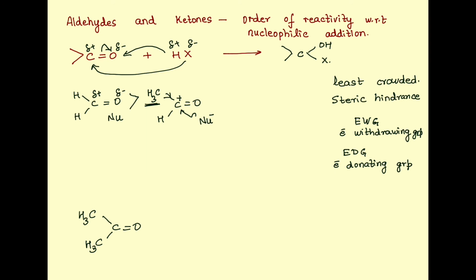Now let's talk about ketones. Ketone has got two alkyl groups which are both of them electron donating. Now because these are electron donating, what will happen? The ability of this carbon to attract a nucleophile towards itself will further decrease, right? So that means the reactivity of a ketone because of this behavior will be further lower than that of a substituted aldehyde.